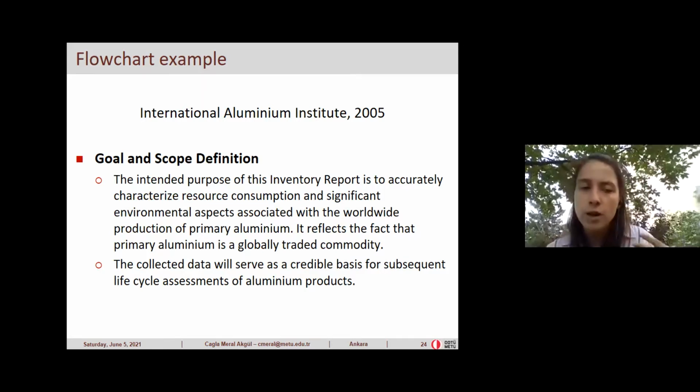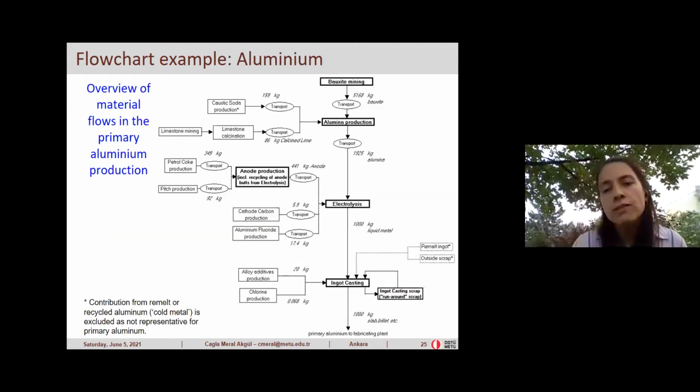So I determine my goal and scope. Then I go to the inventory analysis stage. Here, I actually draw a flow chart of my primary aluminum production. I start with my raw materials, bauxite. Bauxite, probably you all know, is a source of aluminum. Limestone, and also we use petcoke and pitch.